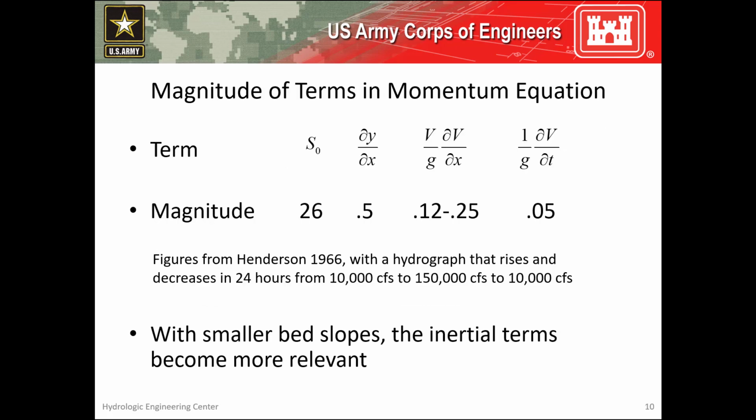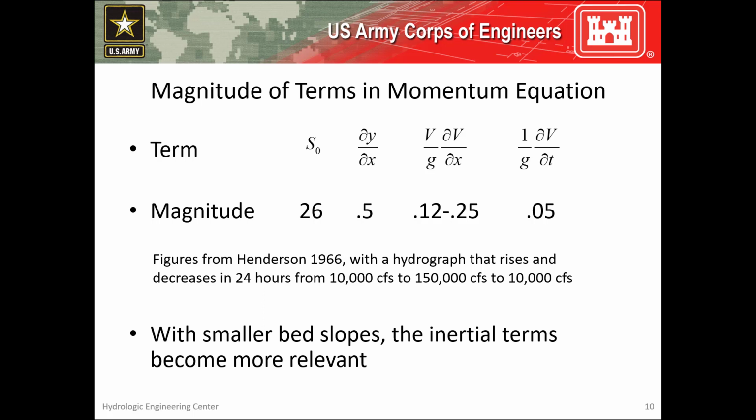The use of approximations to the momentum equation can be justified when specific terms are small in comparison to the bed slope. And this is excellently illustrated by an example taken from Henderson's 1966 book titled Open Channel Flow. In this example, Henderson computed values for each of the terms on the right-hand side of the momentum equation for a steep alluvial stream when subjected to a very fast rising flood hydrograph, in which the flow went from 10,000 CFS to 150,000 CFS and back down to 10,000 CFS within 24 hours.